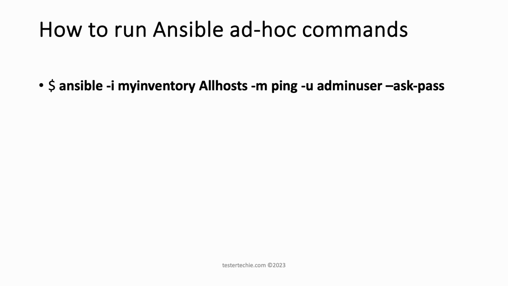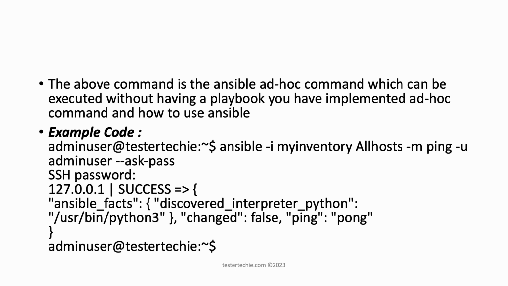If it is not, then you can use the -u flag, then the username, and then --ask-pass. Ask pass will prompt you to enter the password. There are some advanced concepts like using the vault password, which we'll talk about in other videos. But for now, you can use this command to check the ping connectivity to the destination system.